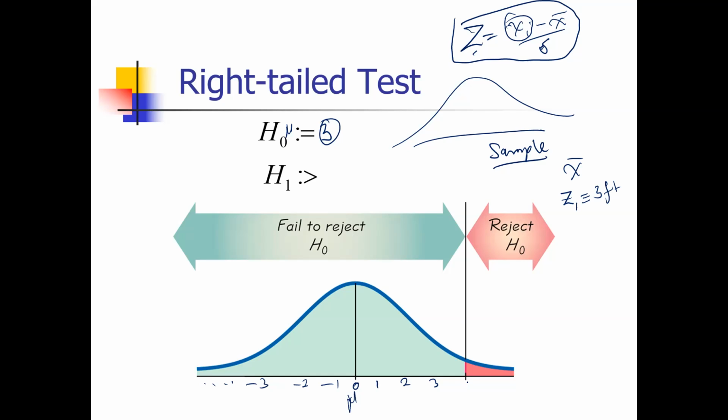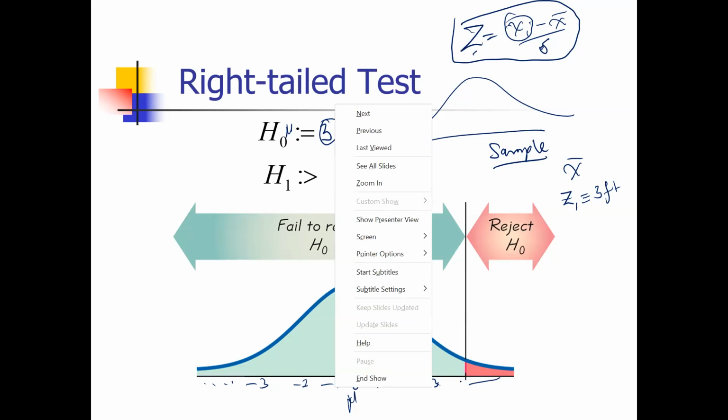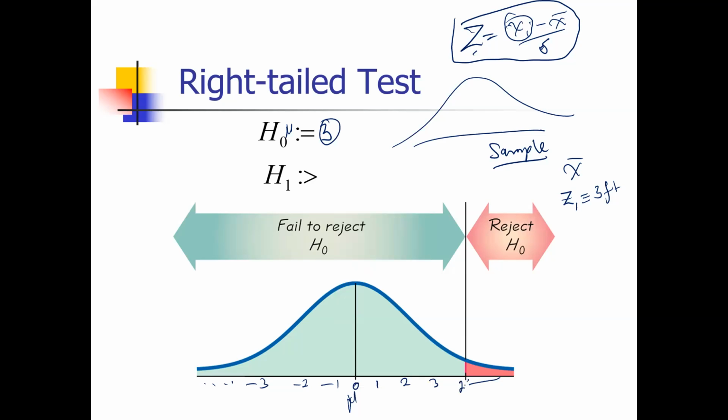Then the question will be, how far away will it be before I will say it's not true? So we've had this, right? If it goes beyond this green point, think green, and enters into the red area. So if this is our 3 point, and that could be very far, let's say this is our 2.5 point Z value.